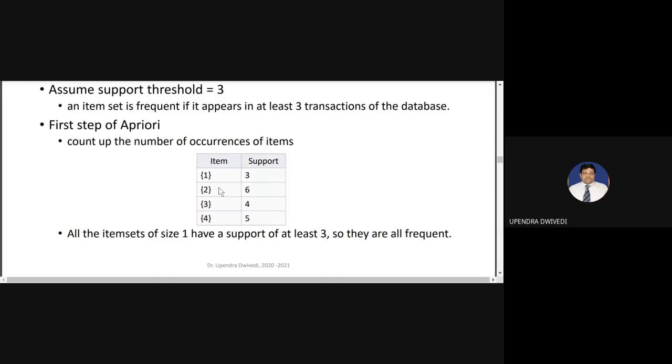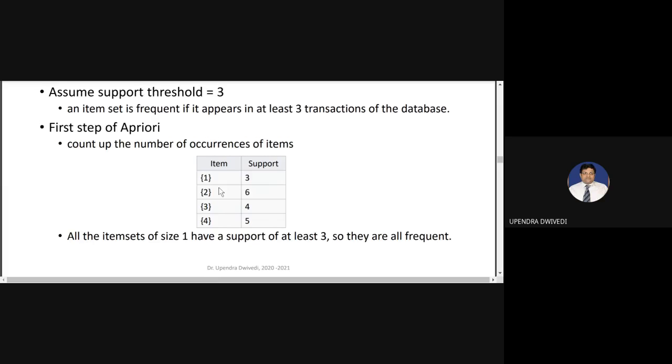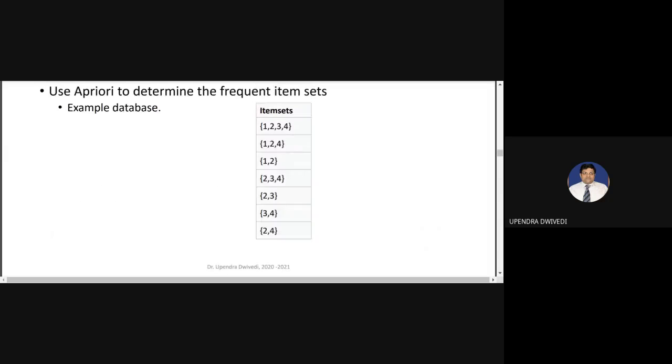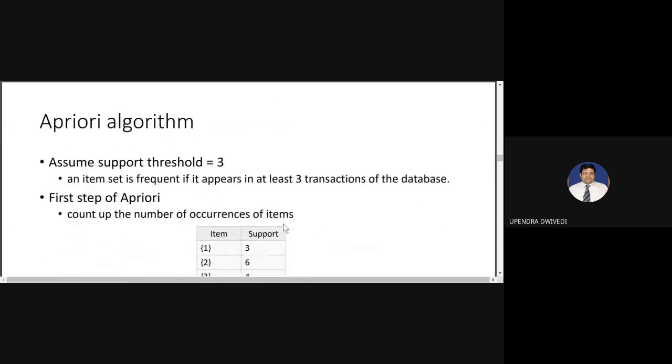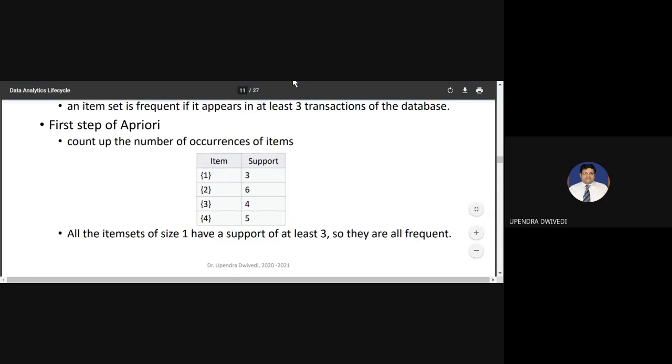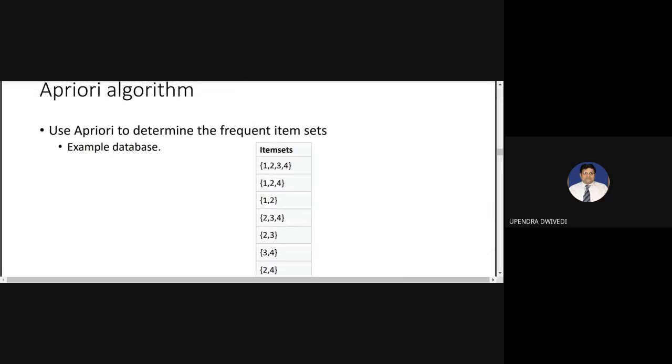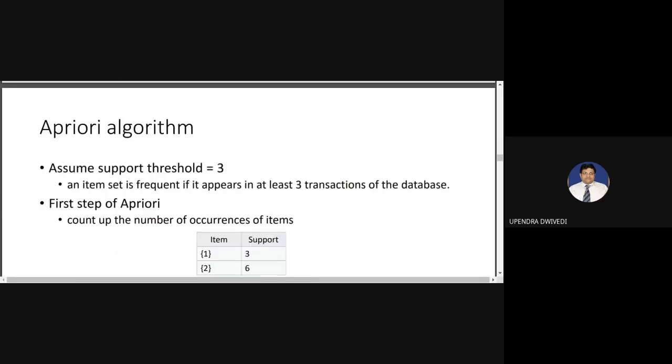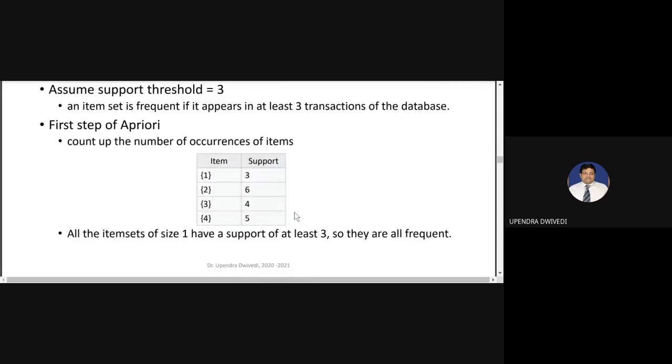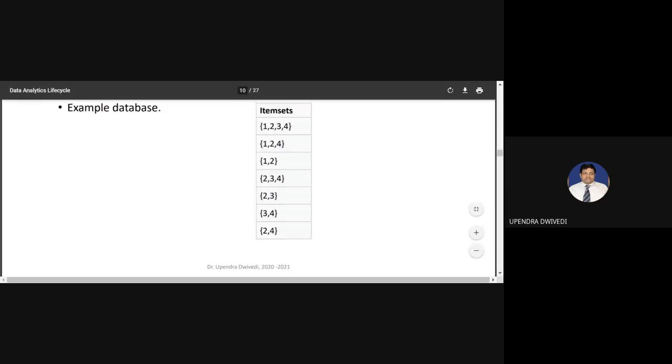Then we count item 2: it appears first, second, third, fourth, fifth, sixth, so 2 appears 6 times. Item 3 appears 4 times, which you can count as 1, 2, 3, 4. And 4 appears 5 times: 1, 2, 3, 4, 5.